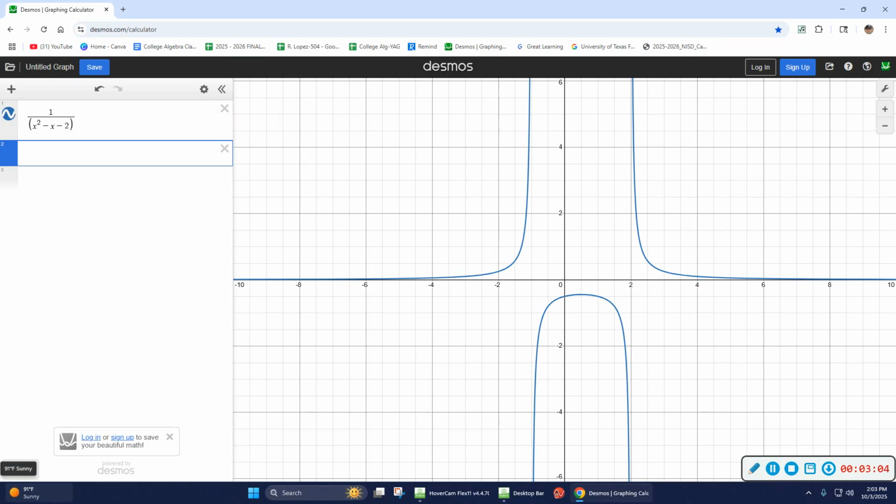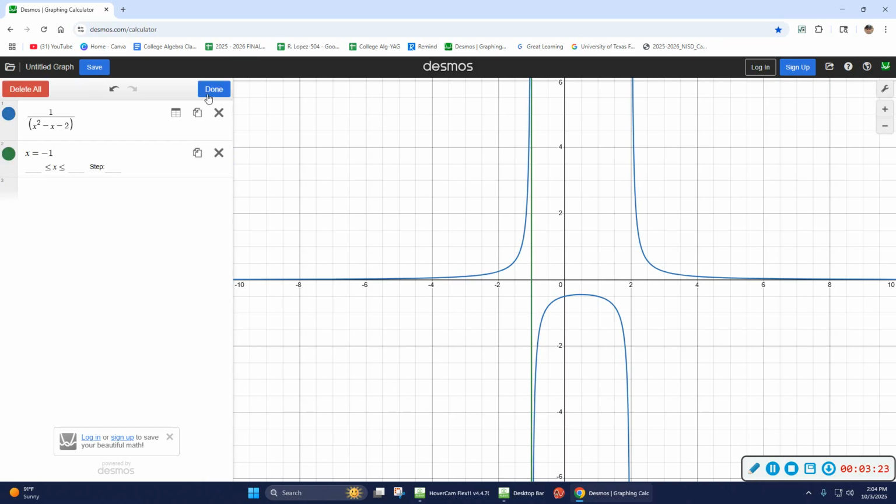Well, when I plug in a function inside of another one, as you can see here, we're going to start at negative infinity, but then it's going to get to a point here at negative 1 where the value does not actually exist. If I type in x equals negative 1, notice how I'm going to change this to a dotted line so you can see a little bit better. Notice how this line does not get touched by the graph.